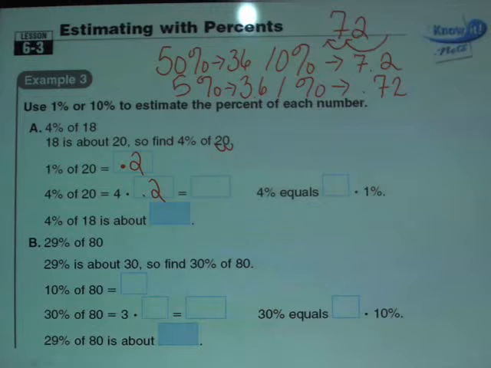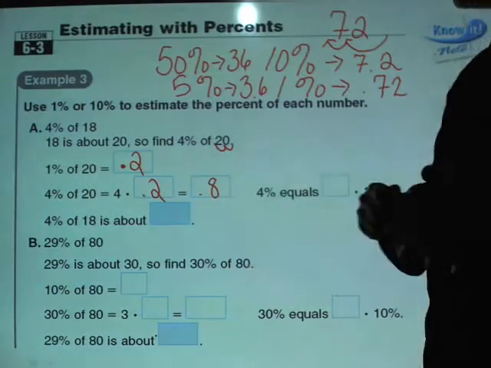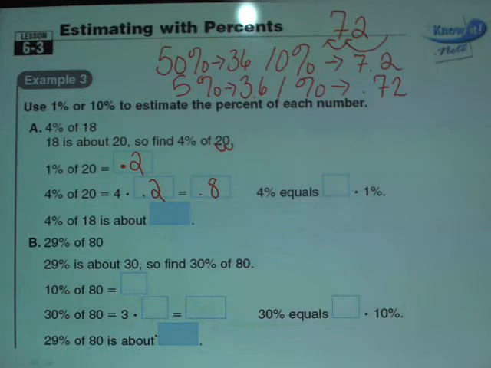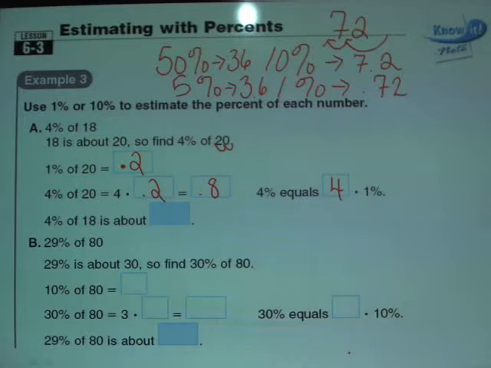Well, you all know what 4 times 2 is. 4 times 2 is going to give me an 8, and if we stick a decimal in there, that's going to be 0.8. And of course, you can see what we did there. We did 4% equaling the same thing as 4 1%s. So 4% of 18 here is going to be estimated to be 0.8.